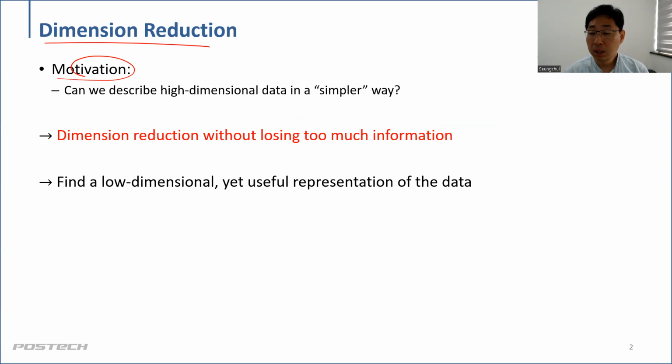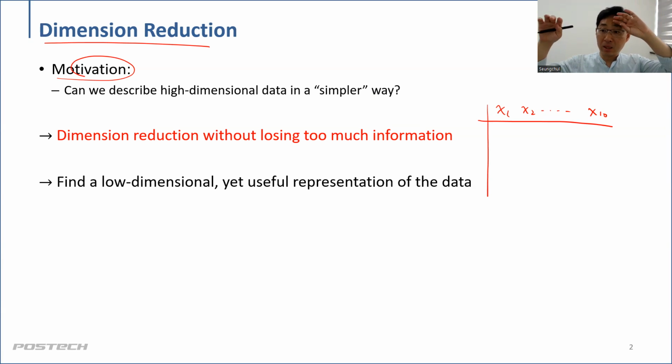You don't know what kind of data set you're going to receive, and you're going to be asked to analyze it. Assume that you have 10 sensors in your system, and you're going to get the whole data set.